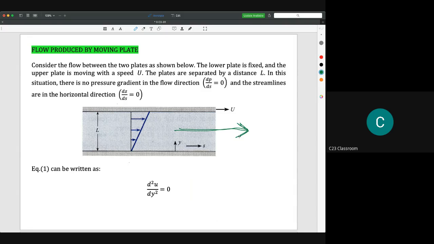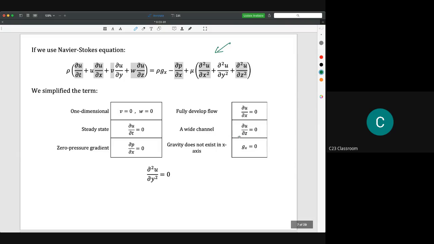There is no rotational speed here, and the nature of the motion is linear. So this is the Navier-Stokes equation in the x direction.